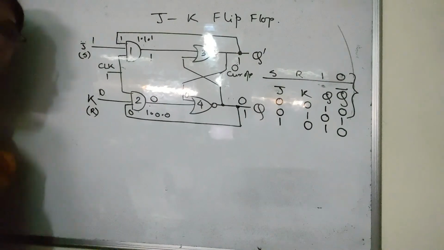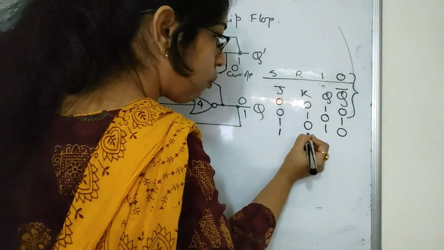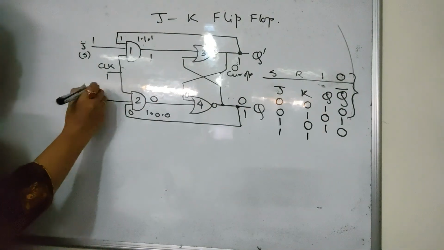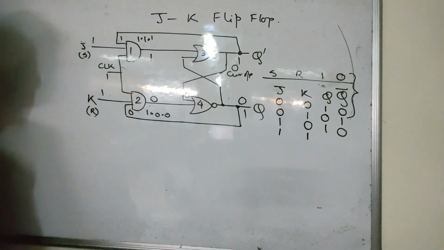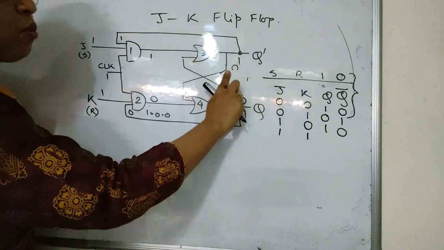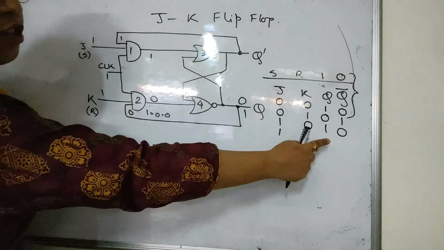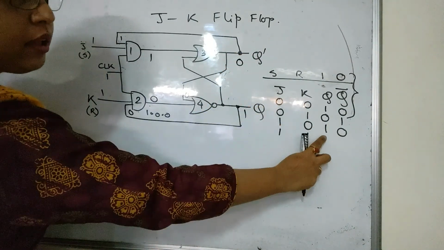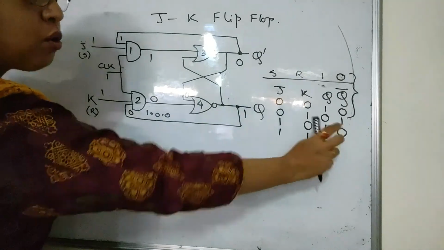Now the last state, that is 1, 1. So let's continue from here. We have J as 1, K as 1. Now this Q dash currently is 0, Q currently is 1 over here, Q1, Q dash 0.